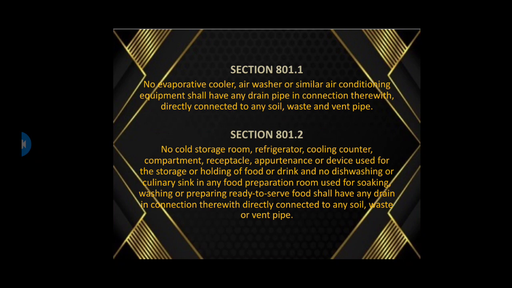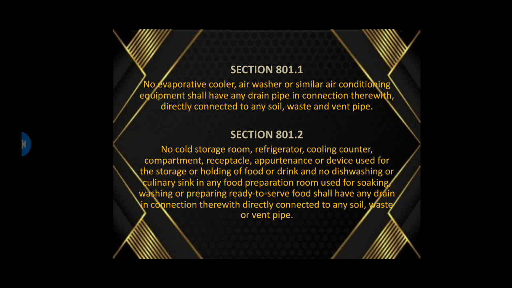But this section does not apply to the walk-in refrigerator or combination walk-in and reach-in refrigerator that is used for storage and sales of product packaged in bottles, cartons, or containers.